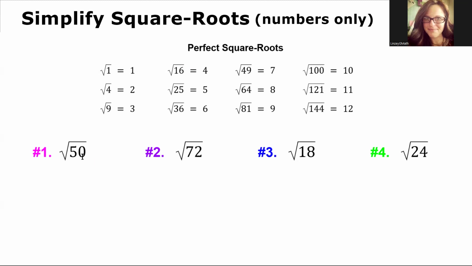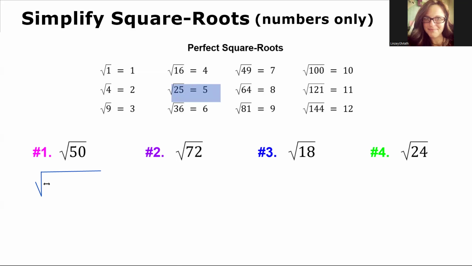To simplify the square root of 50, we want to break up 50 into 2 numbers that multiply to 50. One of them needs to be a perfect square. 25 times 2.